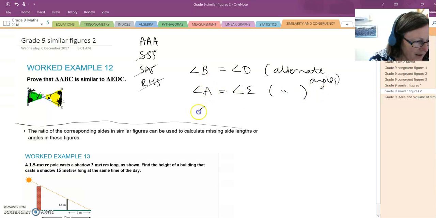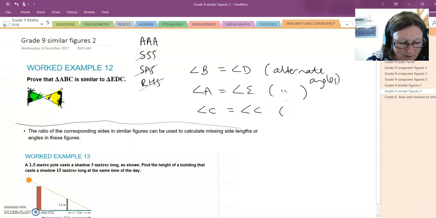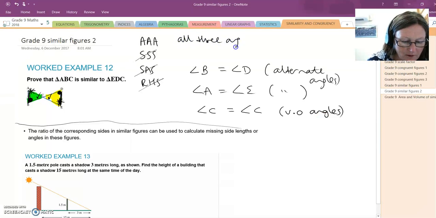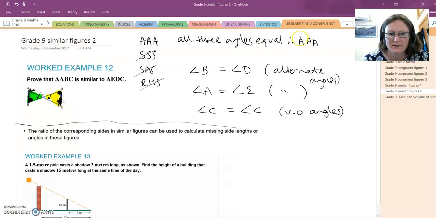And we've said that angle C is equal to angle C in both because they are vertically opposite angles. So we can conclude all three angles are equal. Therefore, the test we use is AAA to prove that the triangles are similar. Let's look at the next worked example.